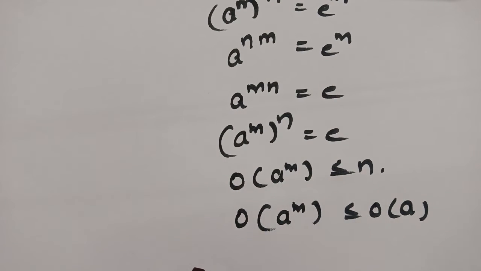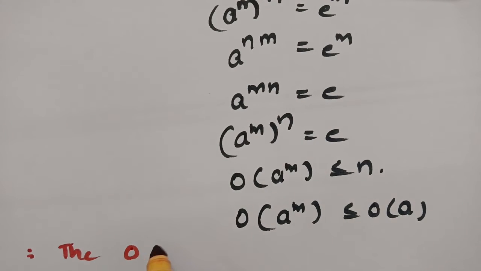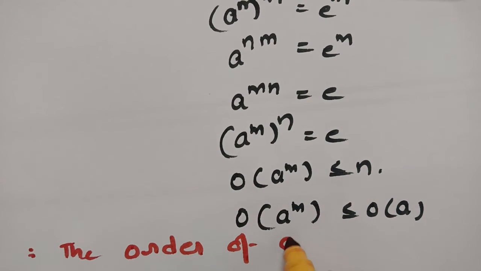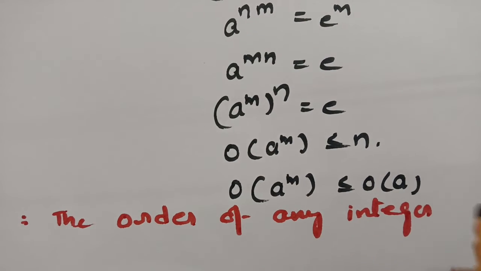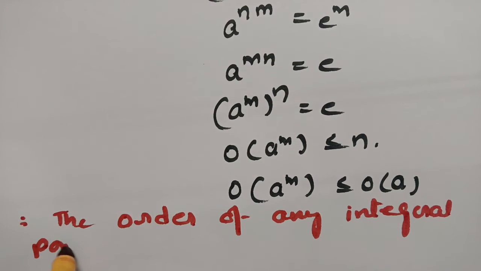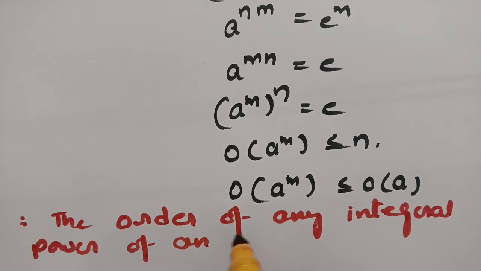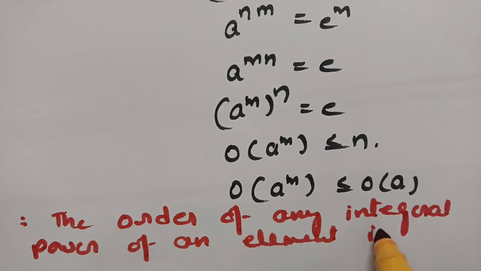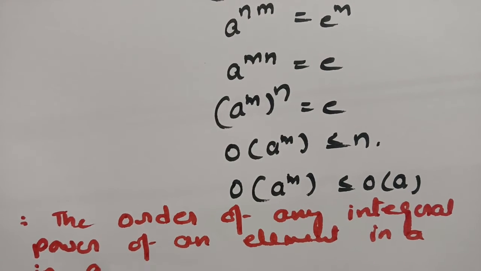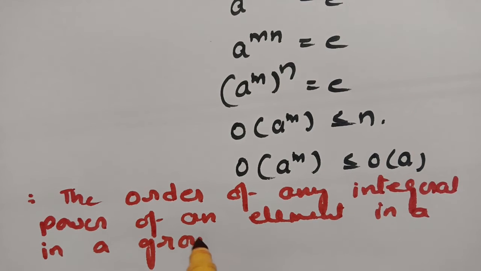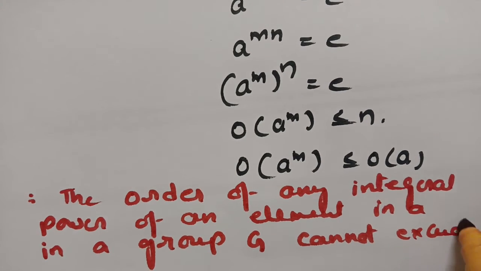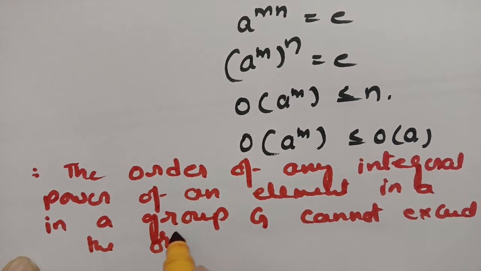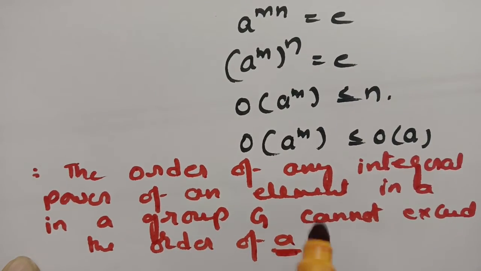Therefore we say that the order of any integral power of an element A in a group G cannot exceed the order of A. So this is proved here.